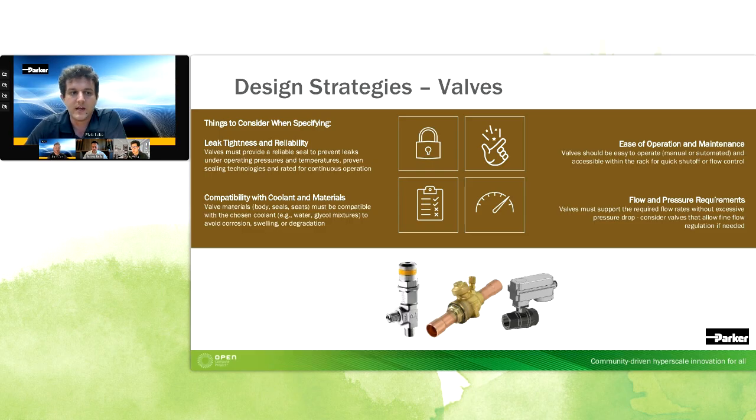And then just like with all the other components, you want to look at your end connections. You have to make sure your end connections are appropriate for your system, and they're giving you that leak-free seal. And then you also have to look at the compatibility with the coolant and with the materials going inside the valve, just like with all the other components.